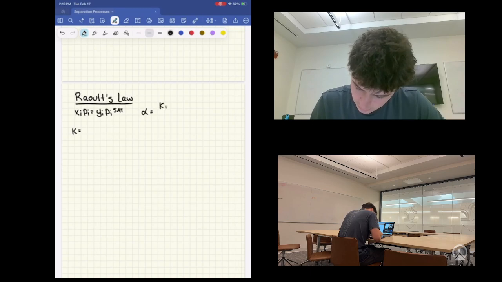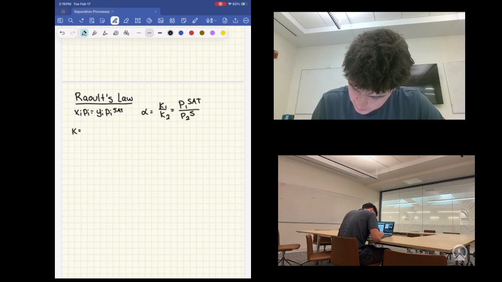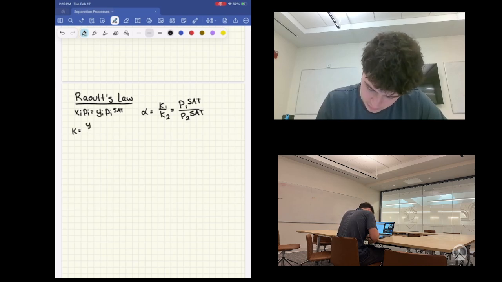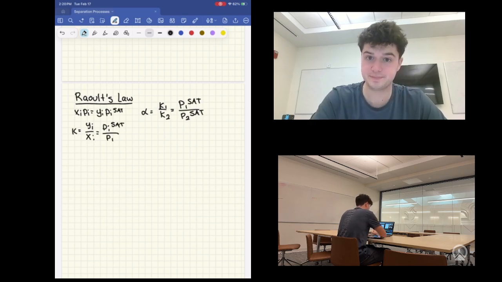K1 over K2, which then also would be equal to P1 sat over P2 sat. And now finally, this K value is going to be equal to yi over xi, which is equal to Pi sat over Pi.